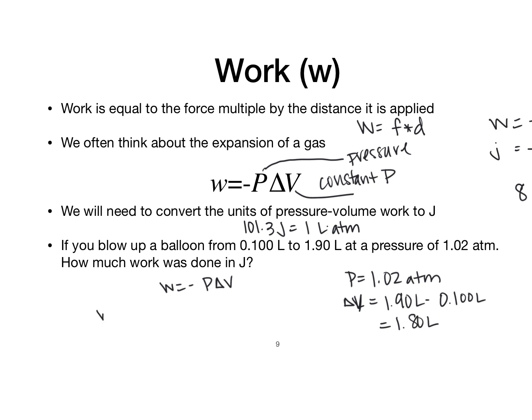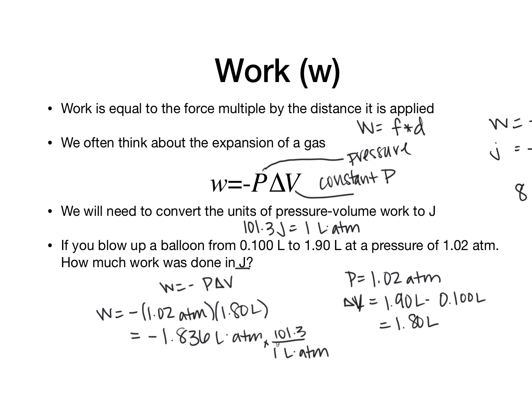Plugging in, negative 1.02 atmospheres multiplied by 1.80 liters gives negative 1.836 liter atmospheres. It asks for the answer in joules, so we convert using 1 liter atmosphere is 101.3 joules, which gives us negative 186 joules. So work is negative P delta V, the pressure multiplied by the change in volume.